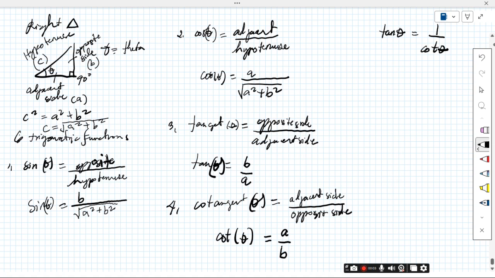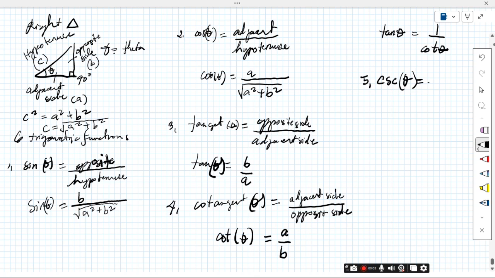And we discuss the fifth one. This one is cosecant theta, with the notation csc theta. It's defined to be the reciprocal of your sine theta.